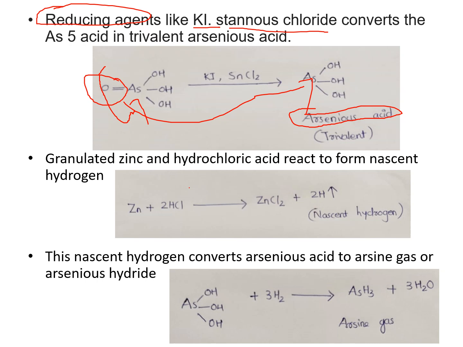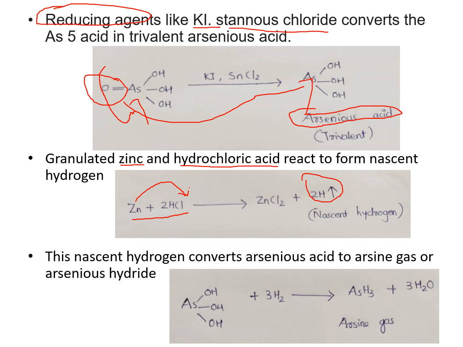Next, we are using two more reagents, granulated zinc and hydrochloric acid. The granulated zinc and hydrochloric acid react to form ZnCl2 plus 2H, that is, nascent hydrogen.